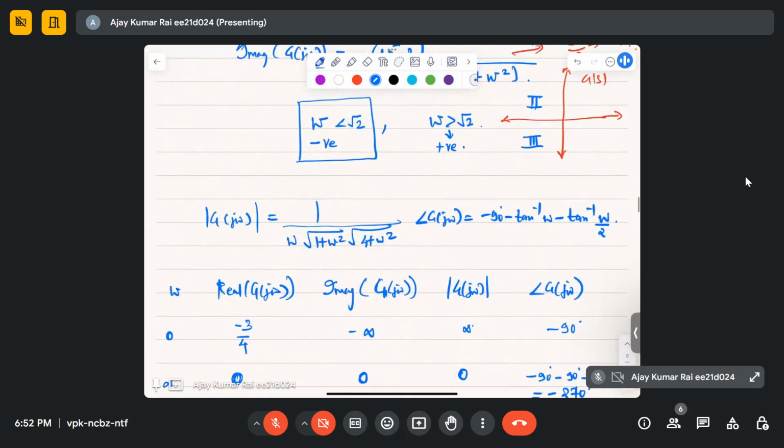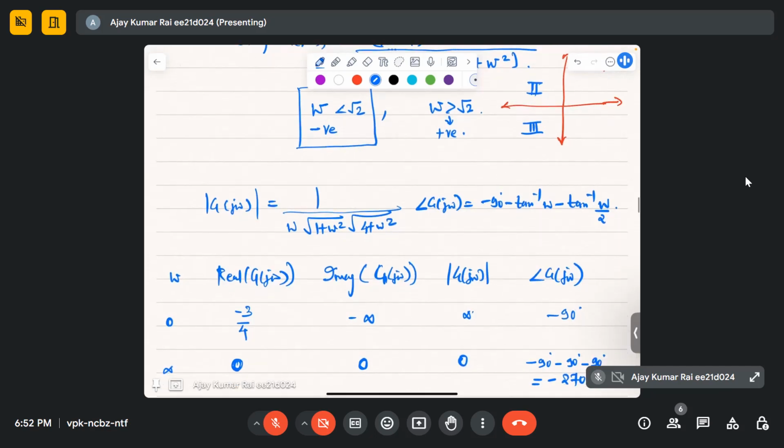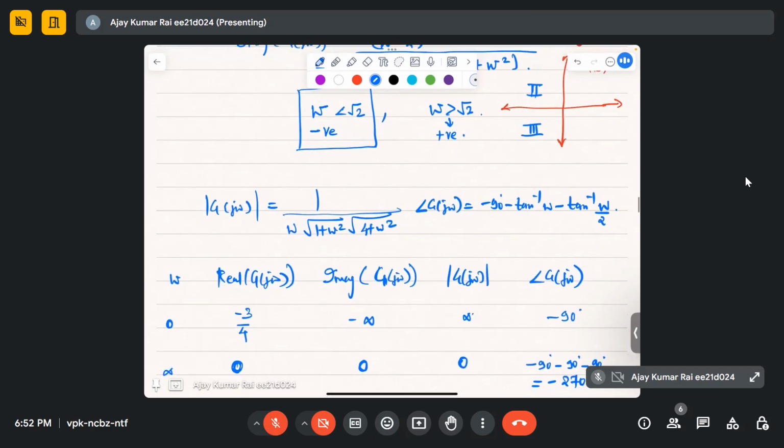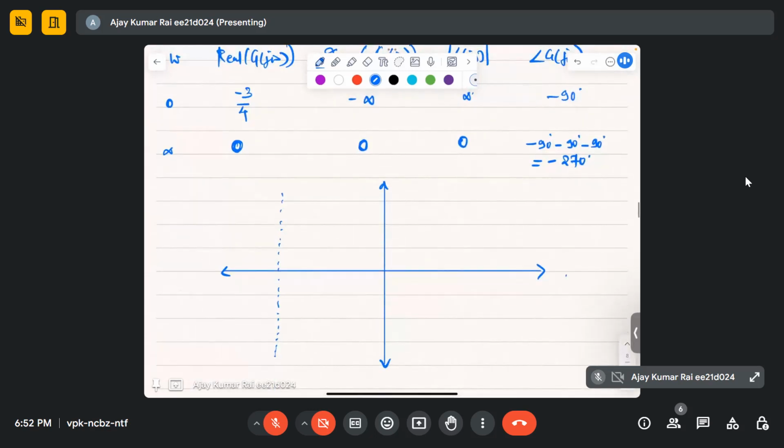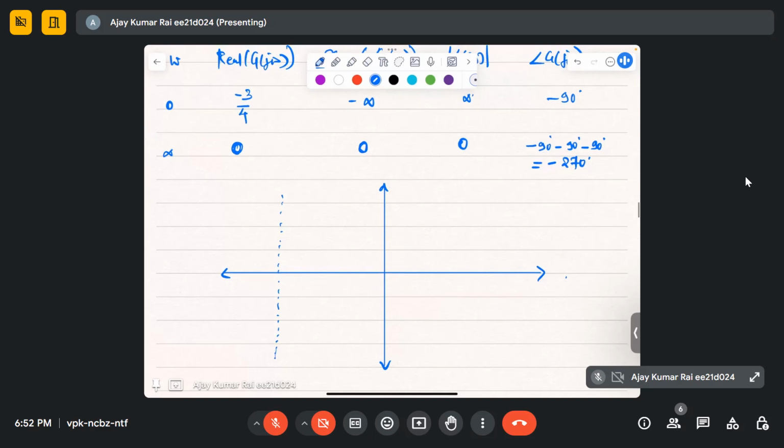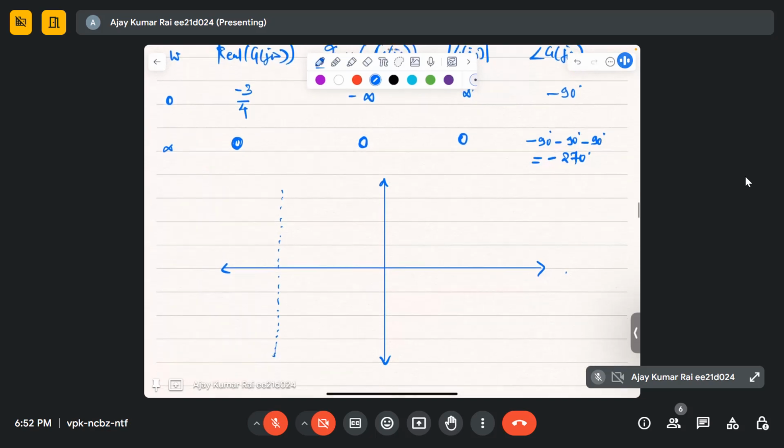We will also find the value of G of j omega at omega equal to root 2. But we know where it starts: at minus 3 by 4 the angle is minus 90, so somewhere here. This is the starting point, omega equal to 0, at minus 3 by 4.